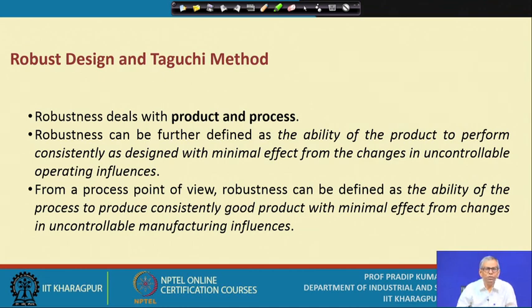Robustness can be further defined as the ability of the product to perform consistently as designed with minimum effect from the changes in uncontrollable operating influences. That means there will always be uncontrollable noise factors like humidity, temperature, dust, fumes, working environment.